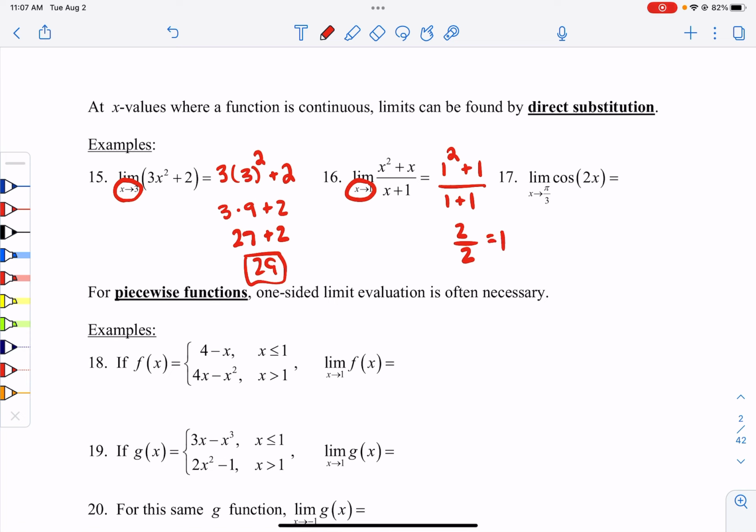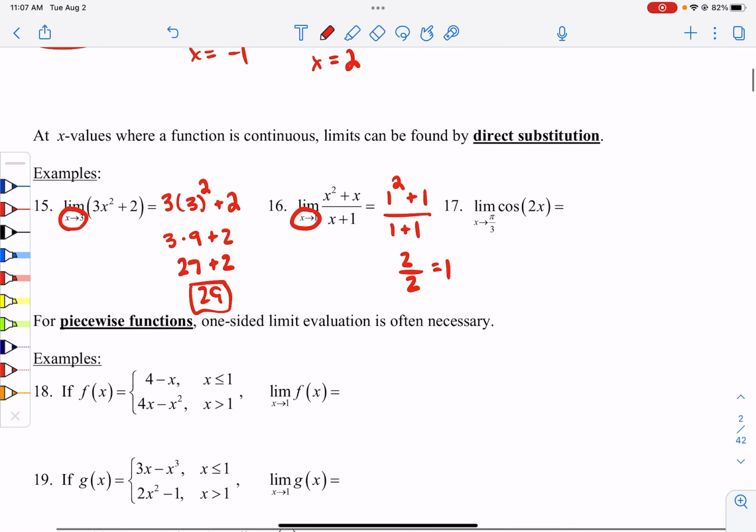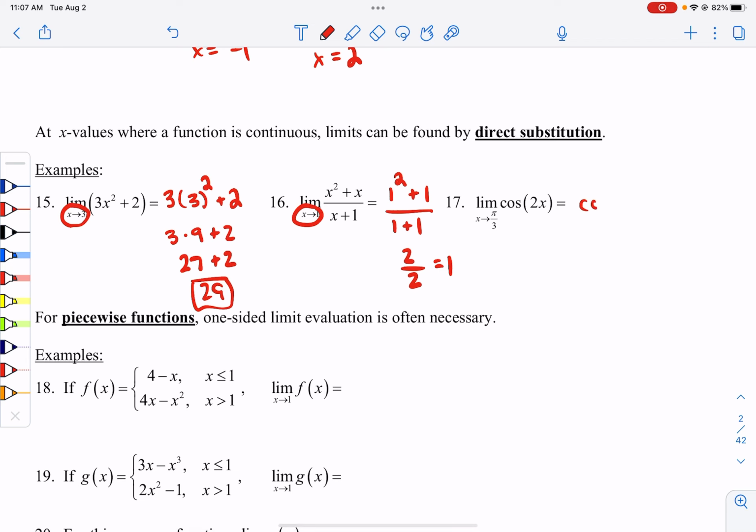Number 17, the limit as x approaches pi thirds of cosine of 2x. I like this one. Let's try plugging it in. Cosine of 2 times pi thirds, which is just the cosine of 2 pi thirds.